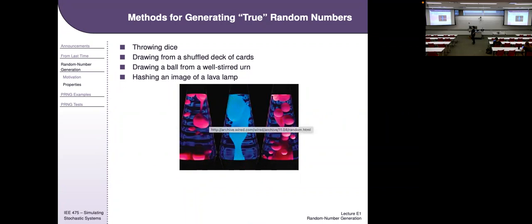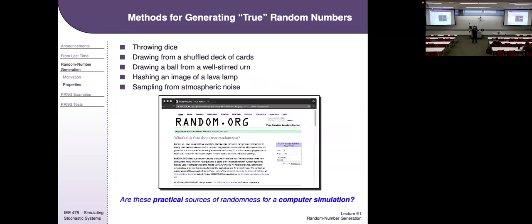It's a one-way function, so there might be multiple images corresponding to the same number. It's taking randomness in this two-dimensional, multicolored physical world and turning it into randomness in a number. In theory, you probably could set that up on the web and generate streams of numbers, but this image changes so slowly that you probably are going to violate independence if you used that at a high rate.